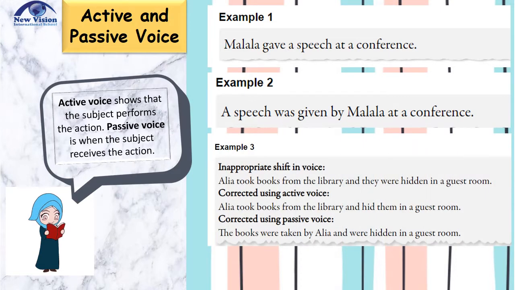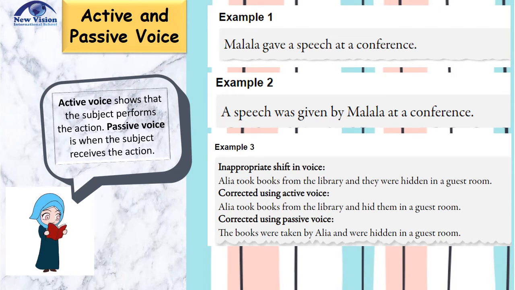For instance, example 3. Inappropriate shift in voice. Aliyah took books from the library and they were hidden in the guest room. How do we correct it? Corrected using active voice: Aliyah took the books from the library and hid them in the guest room.